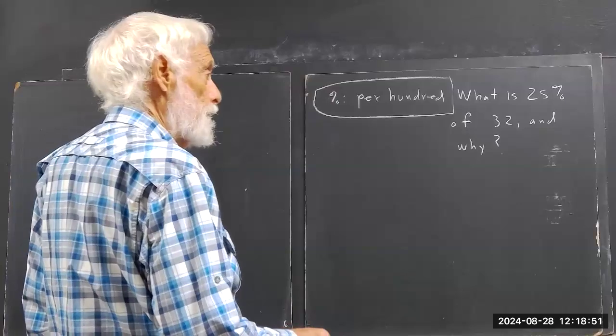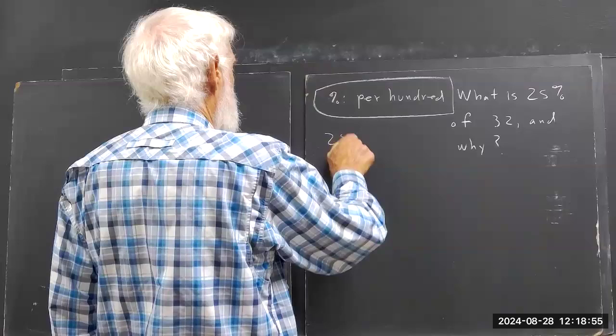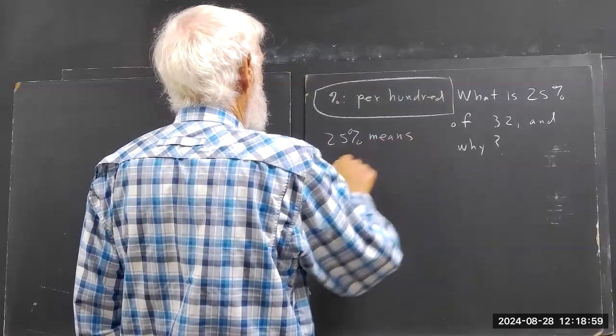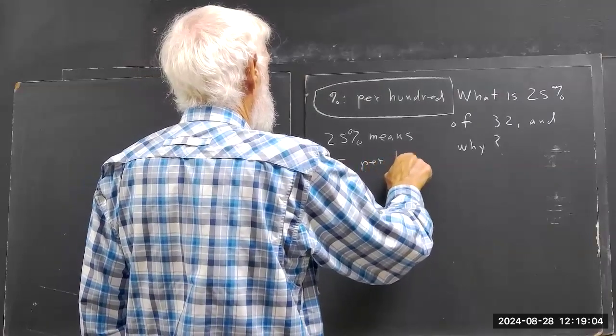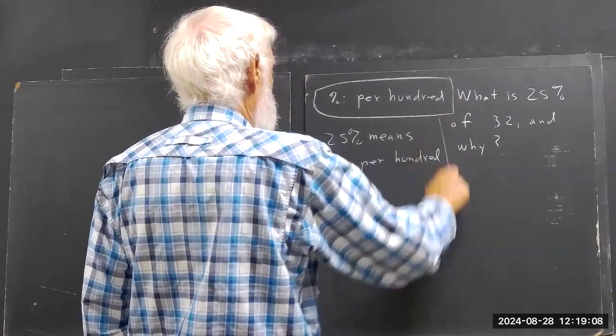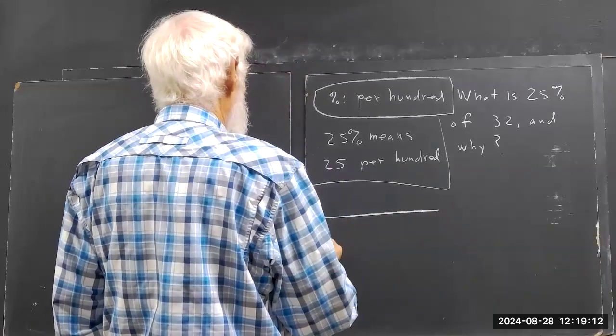What's 25% of 32? Percent means per hundred. That means 25 per hundred. There's a picture that goes with that.